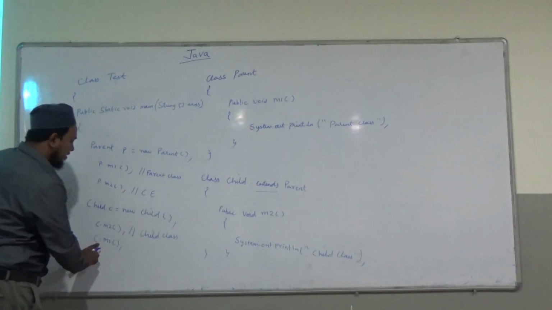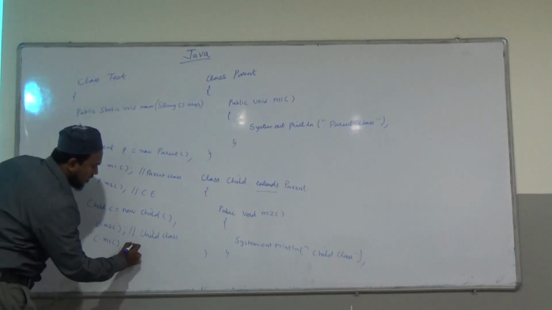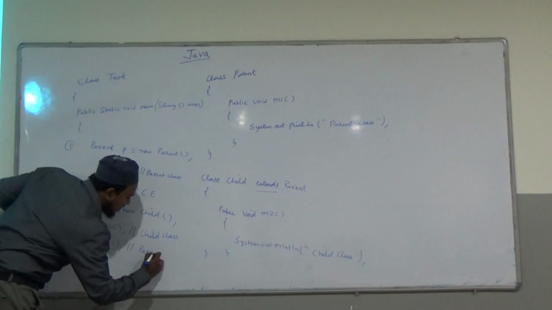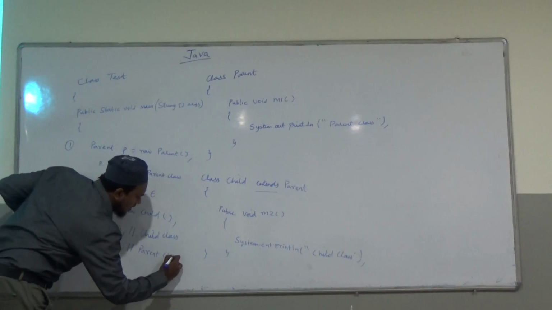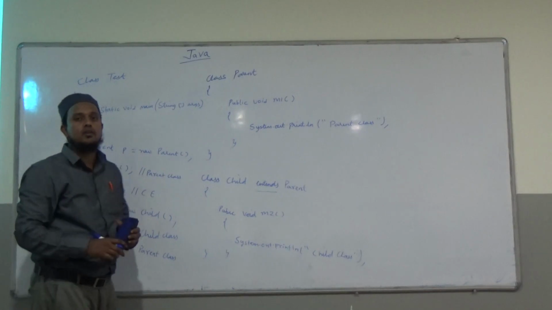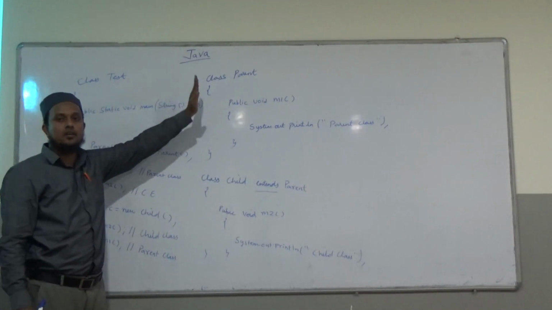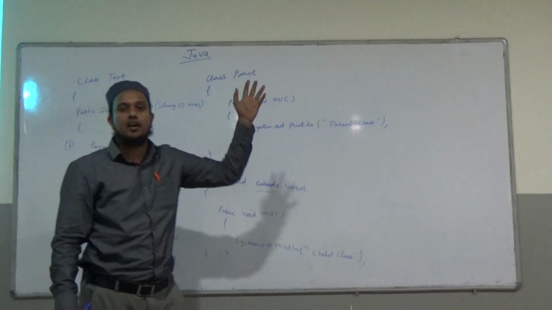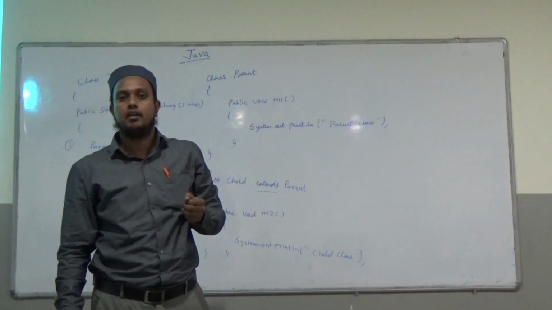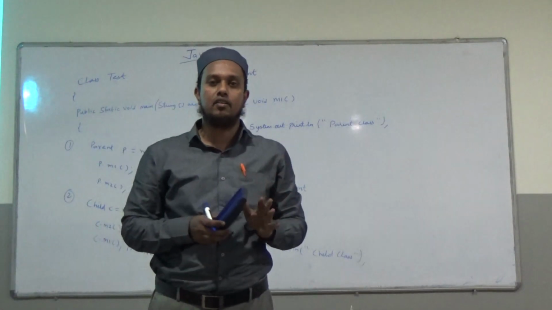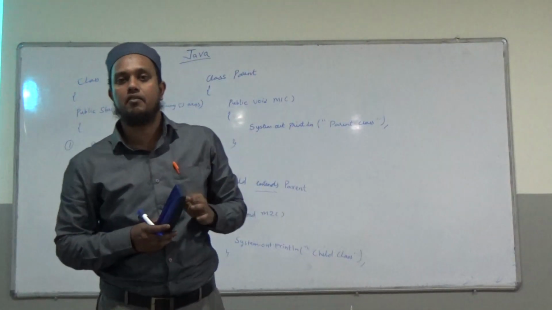Therefore, when I write C dot m1 method, the output I will get is from parent class. Clear, all of you? Now see here, very simple it is. Child class can acquire the properties of parent, but parent cannot acquire the properties of child. Please keep this in your mind, everyone.